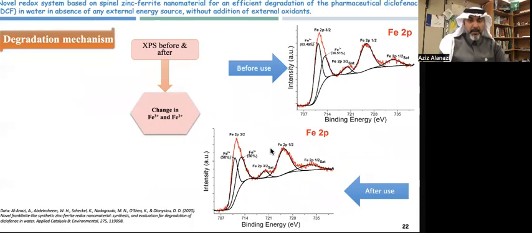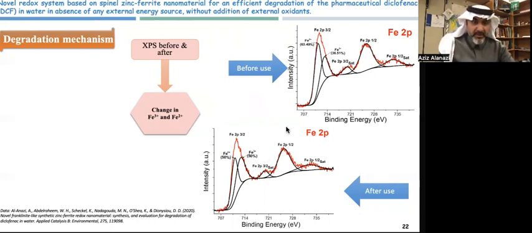As I mentioned in the previous slides, here we see the before use. Before using the catalyst, we did an XPS analysis. We did the envelope peak, and we quantified and modeled the peaks with software called CASA XPS. We saw Fe2+ and Fe3+ peaks.